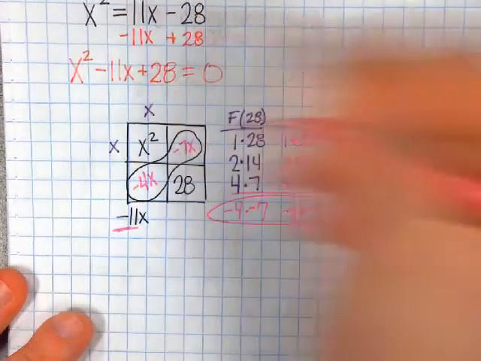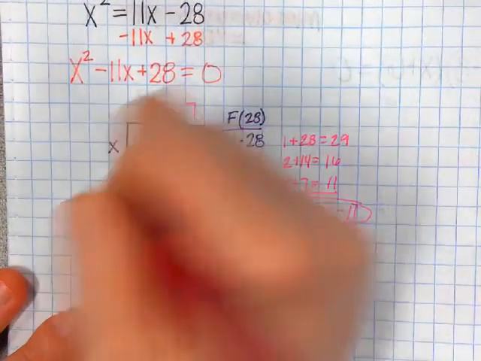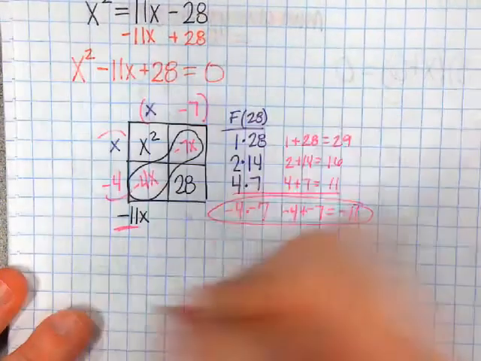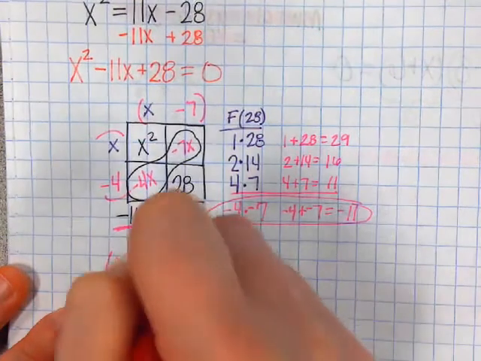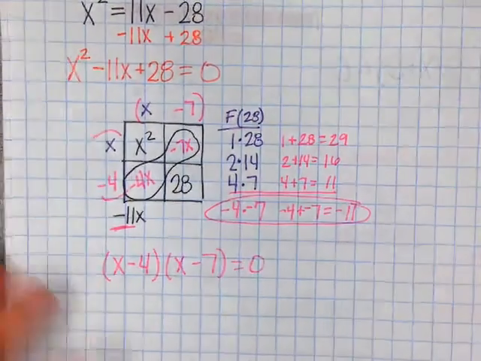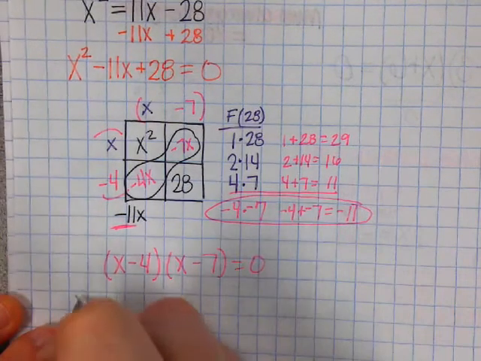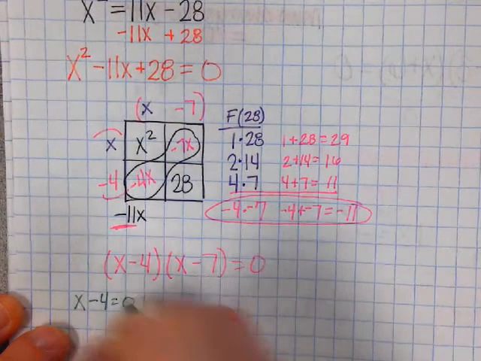So that's what I want. So it'd be -4x and -7x. So -7, -4. So x minus 4, x minus 7 equals 0.